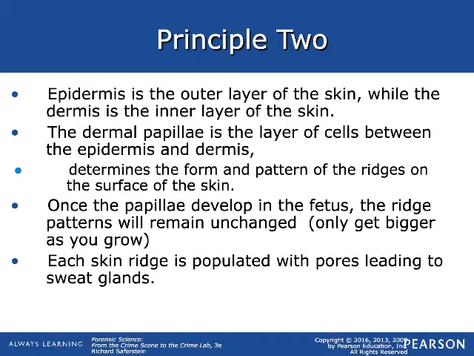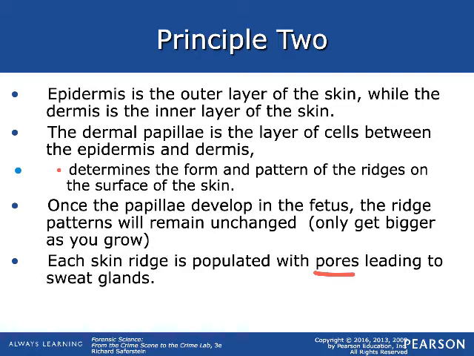Now, the dermal papilla is what determines the form and the pattern of the ridges. The papilla develop in the fetus, and the ridge patterns stay the same. They just get bigger as you grow. What makes fingerprints work so well is that each ridge on the skin has pores, and the pores lead to sweat glands.